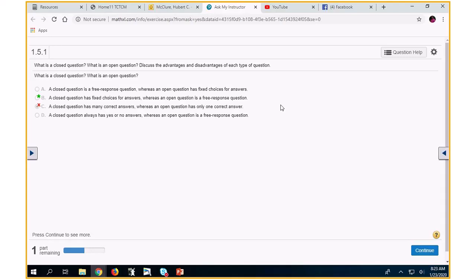How old are you? Blank. Anything with a blank that doesn't give you choices is an open question. Anything with choices is a closed question. That's a good test question, and it's a good standardized test question.